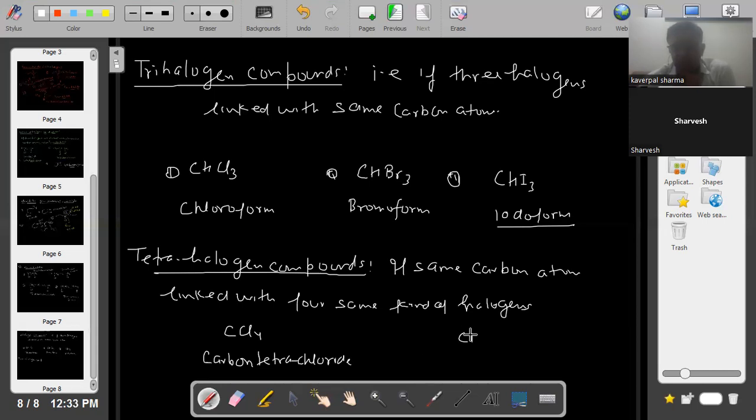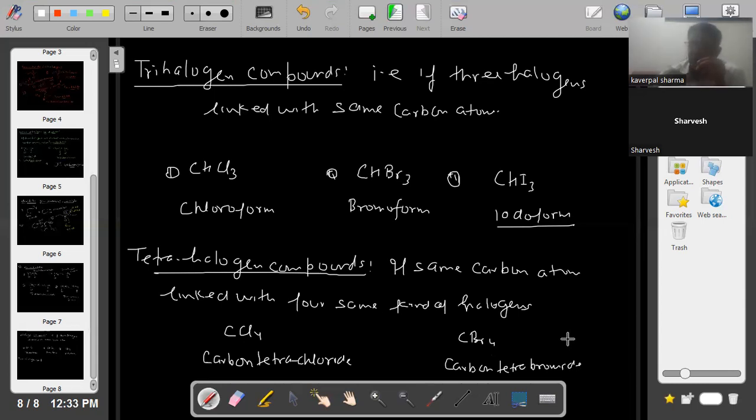If CBr4, carbon tetrabromide. Okay? This is it.